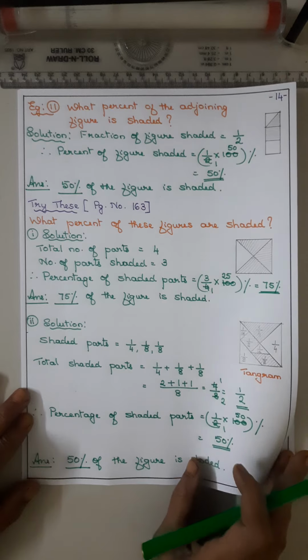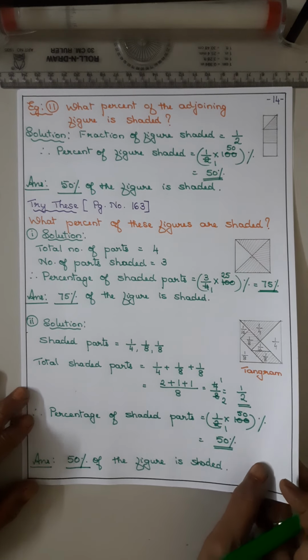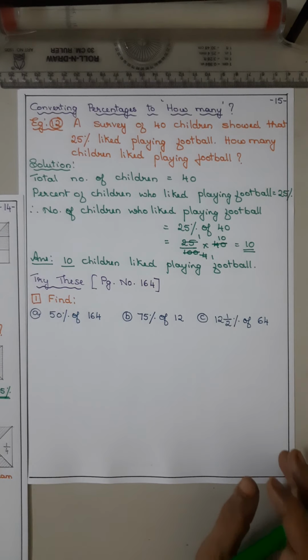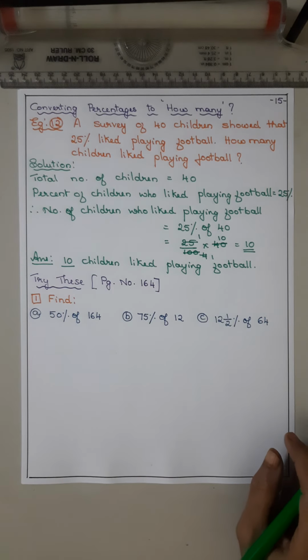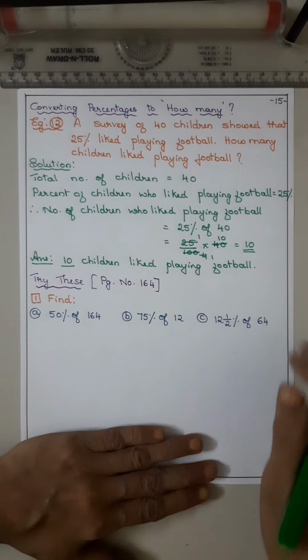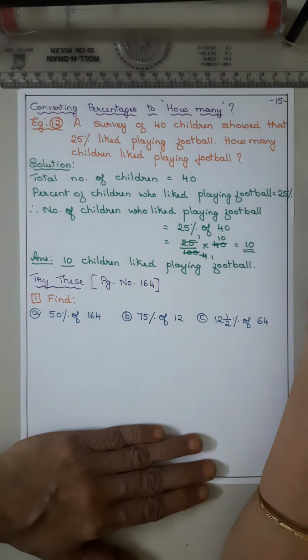Clear? Now coming to the next, it is converting the percentage to how many. How many are there? Like that type of questions. Okay. Now, a survey of 40 children showed that 25% liked playing football.